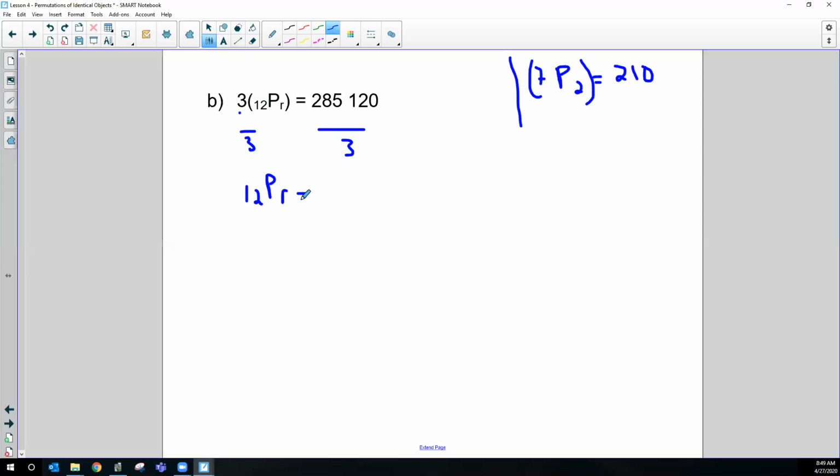12PR is equal to 285,120 divided by 3, which is 95,040. Okay, now they're big numbers, but it's not a big deal. The next step is to change the 12PR into the formula.